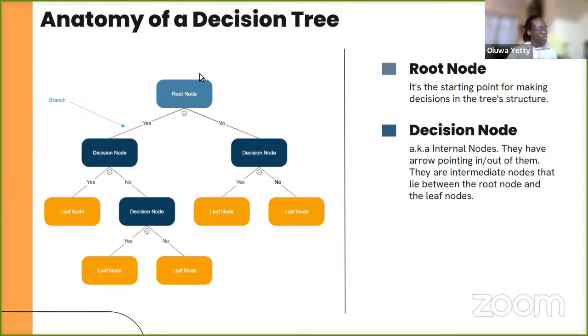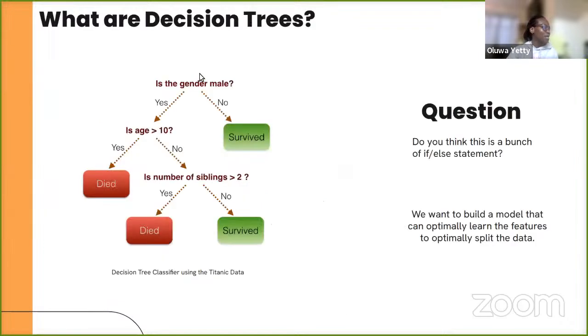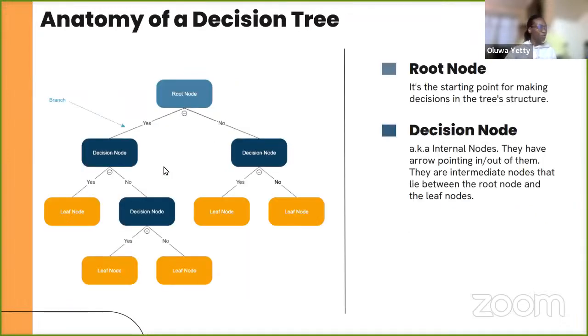Those are called the decision node. So if we go back here, just because of time, we know that age greater than 10 is a decision node there, and number of siblings is a decision node there. So decision nodes are in the middle. They are usually between the root node and the leaf node.